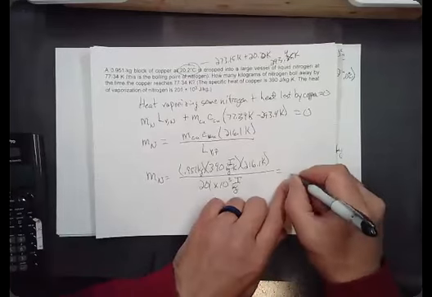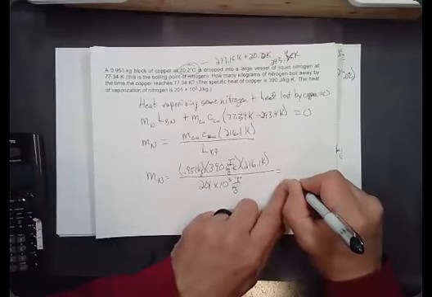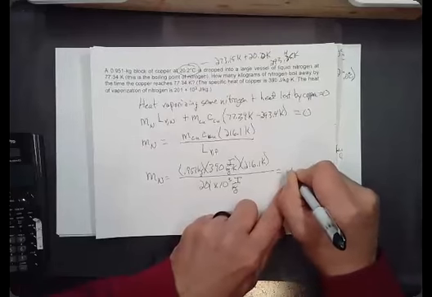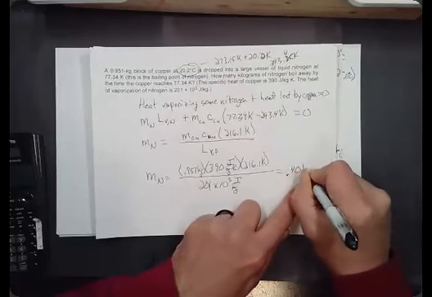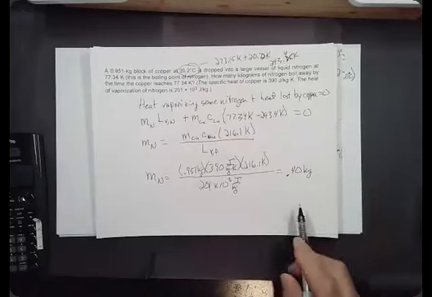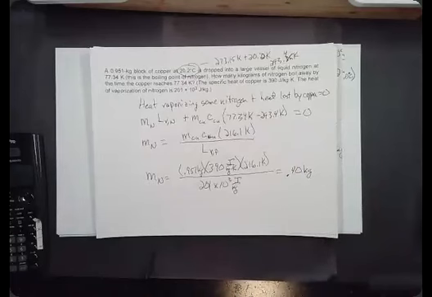I get about 0.40 kilograms of the nitrogen would boil off. Well, it'd be vaporizing in that case.